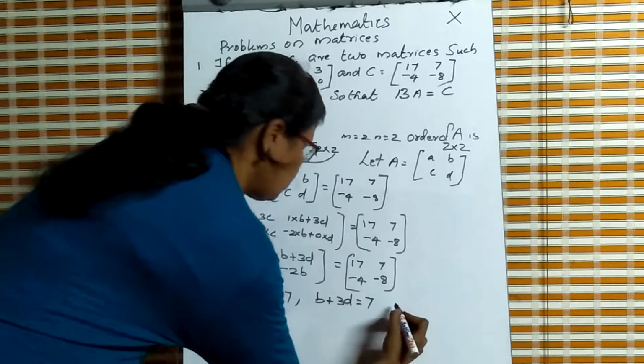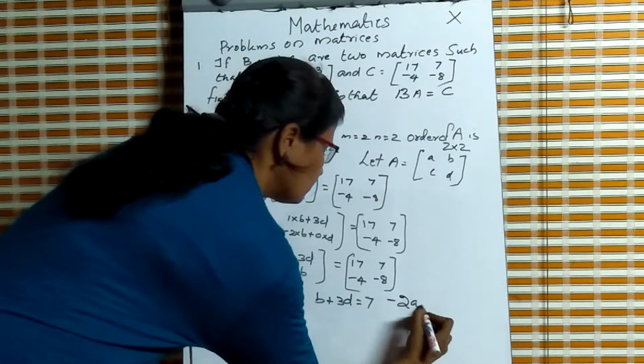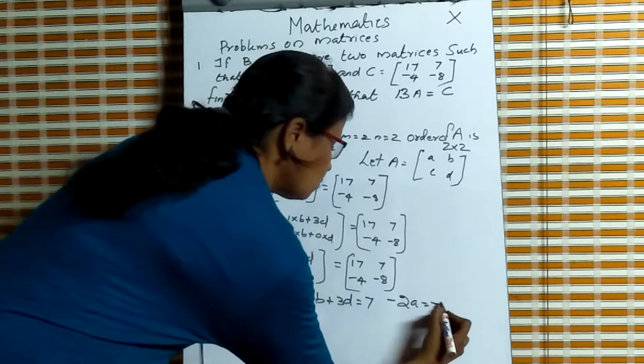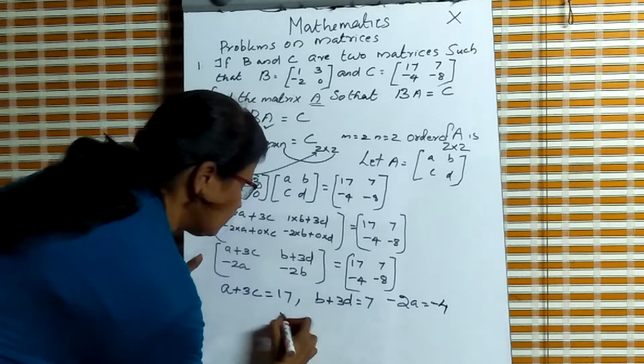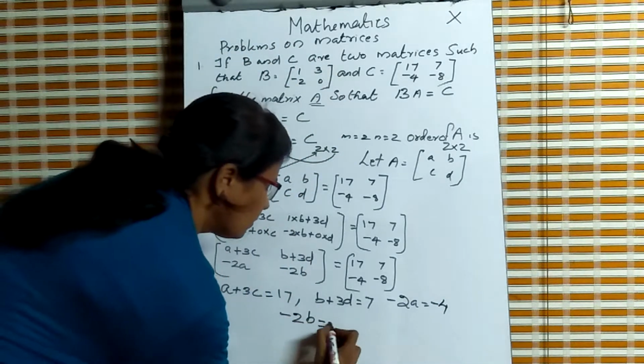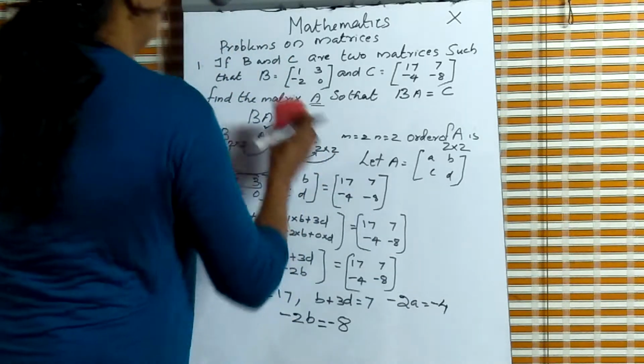Next, -2a is equal to -4. Then -2b is equal to -8.